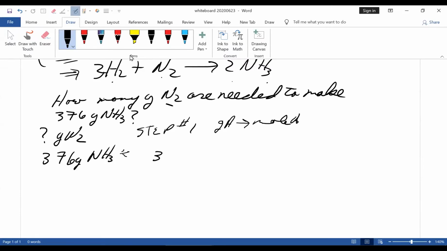Well, this is the only number we have to start with. And if I could convert it in one step, what units do I want to get to? Moles, in this case, moles of ammonia.